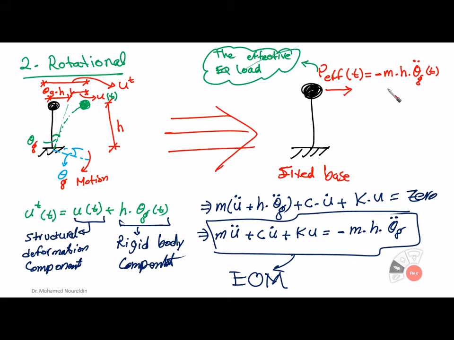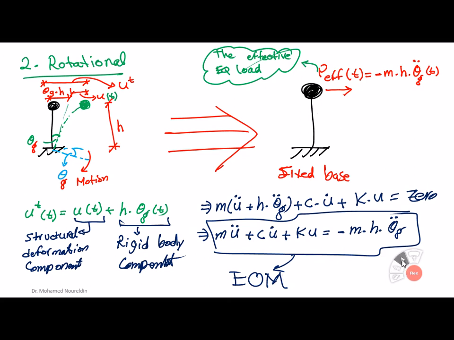This force is going to be minus m h theta double dot g t, and then other forces are going to be developed there. As we have mentioned, these are the inertia force, Fi for example, the damping force Fd, and Fs.